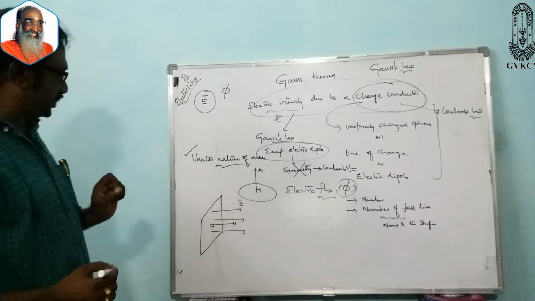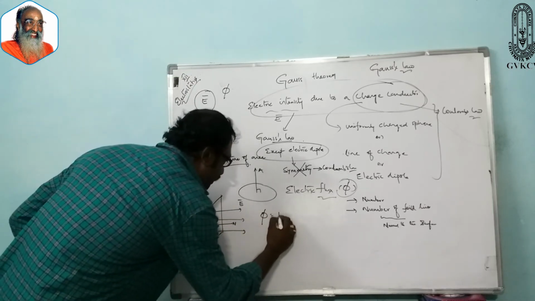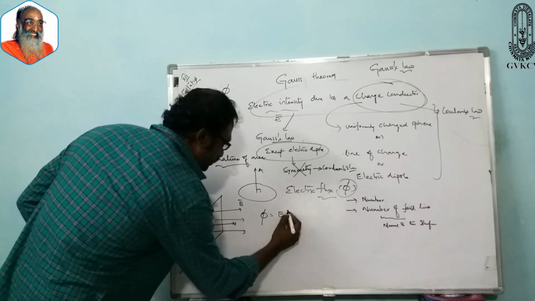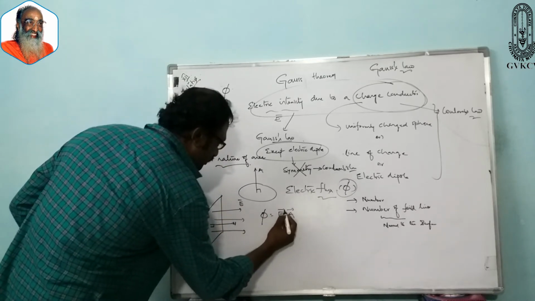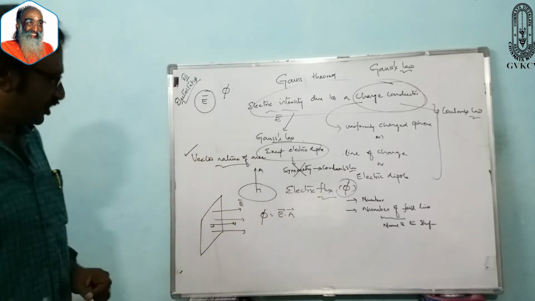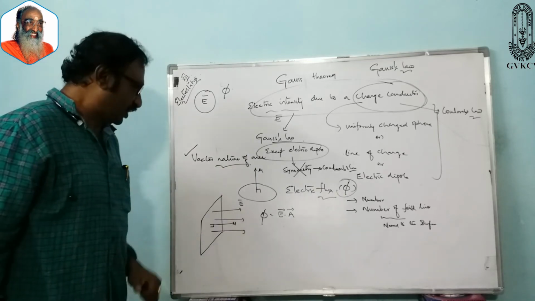Now what is the electric flux in this case? phi is equal to E dot A. We know that area is a vector and this is a vector, and a dot product always yields a scalar quantity. So it becomes a scalar quantity.